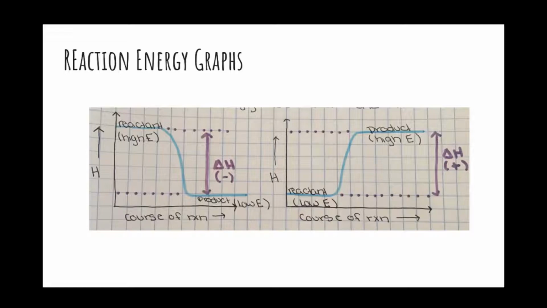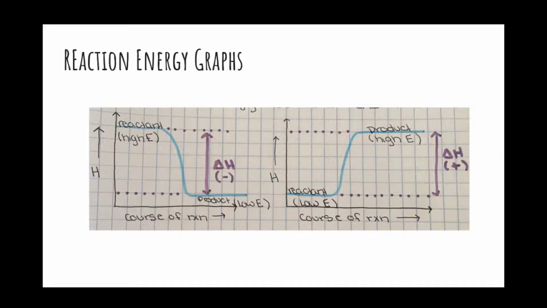Notice that as the course of the reaction occurs, reactants are always turning into products. But notice the difference between these two graphs. In the first graph, on the left-hand side of the screen, the reactants have really high energy or high enthalpy.